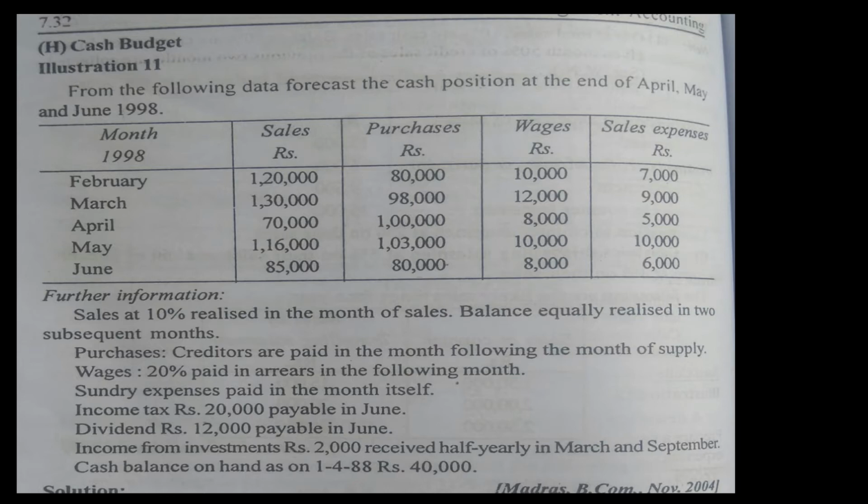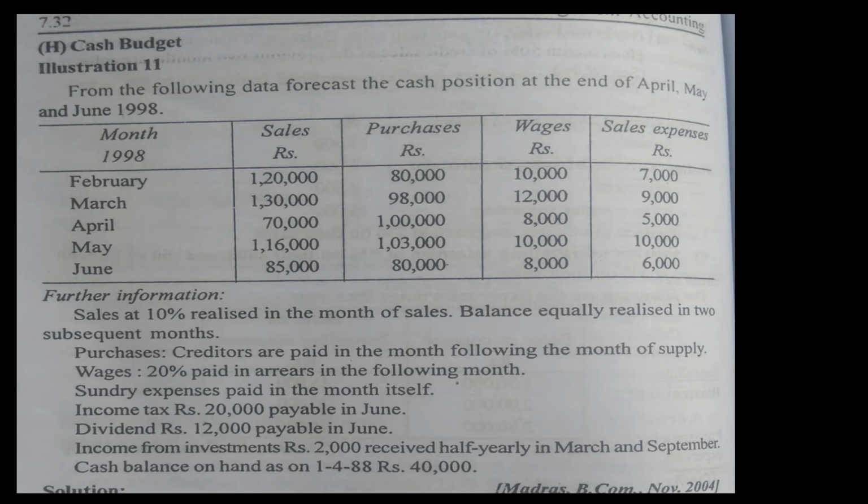The remaining 90% is considered as credit sales. That credit sales is equally realized in the 2 subsequent months, which means for February the 2 subsequent months will be March and April. The 10% of February's 1,20,000 is collected in the same month. The remaining is collected in March and April.